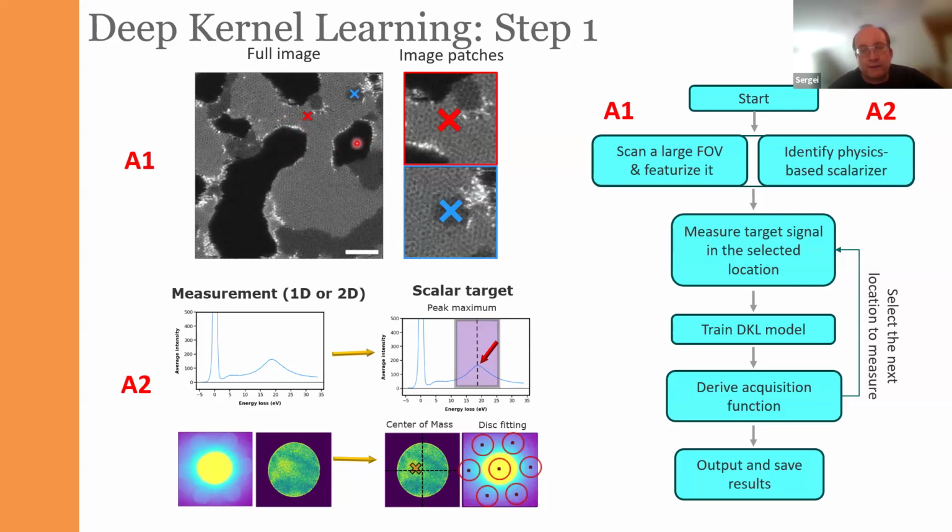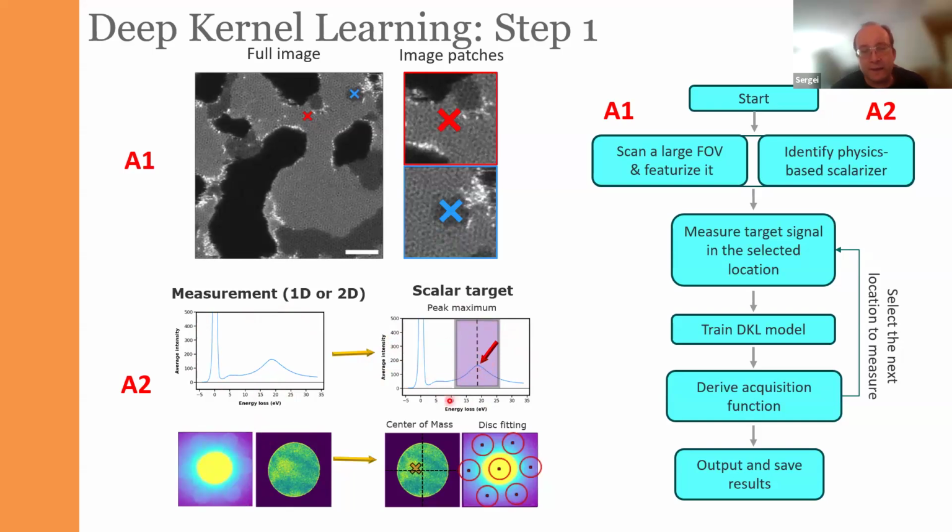So what do we do next? We need to define our scalarizer. What scalarizer means is that we measure something, for example a spectrum, or a 4D STEM or Ronchigram. We need to define what it is about this spectrum that is of interest to us. For a spectrum, this can be the intensity of a certain peak, the position of the peak, or the ratio of peaks.